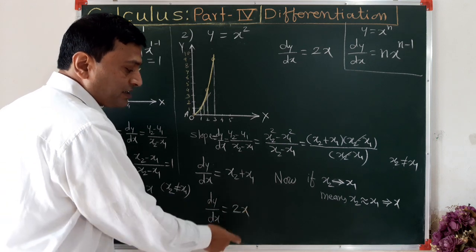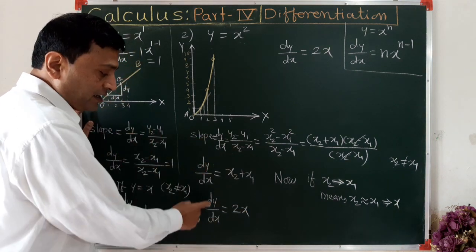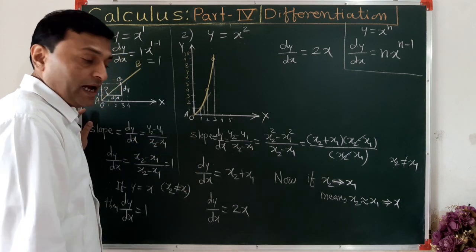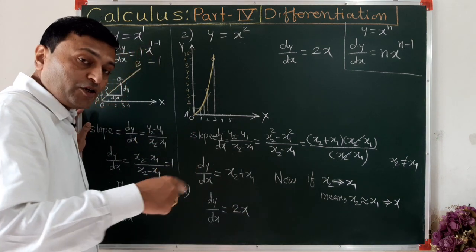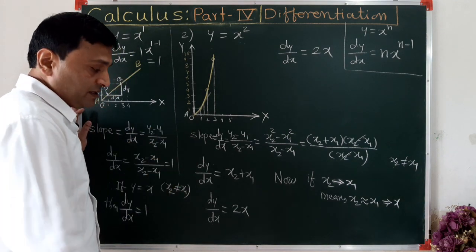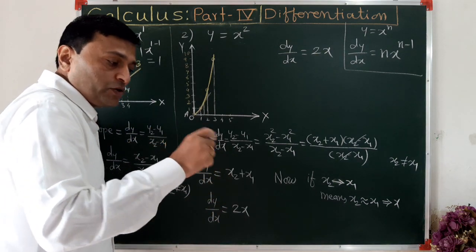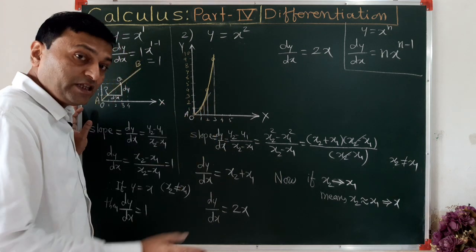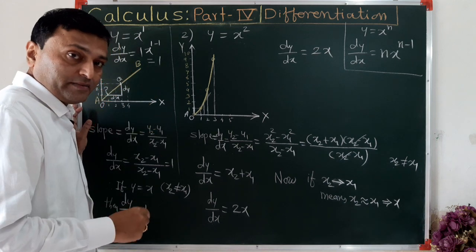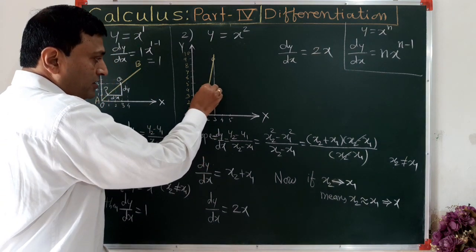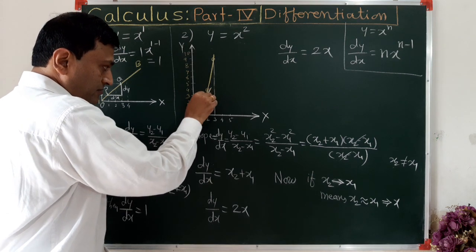Means if x is 1, then you can say the rate of change of y with respect to x is 2. And if x is 2, then the rate of change of y with respect to x is 4. Means as x changes by 2, then y will change by 4 with respect to x. That is the rate. Means at any point you can draw a tangent.